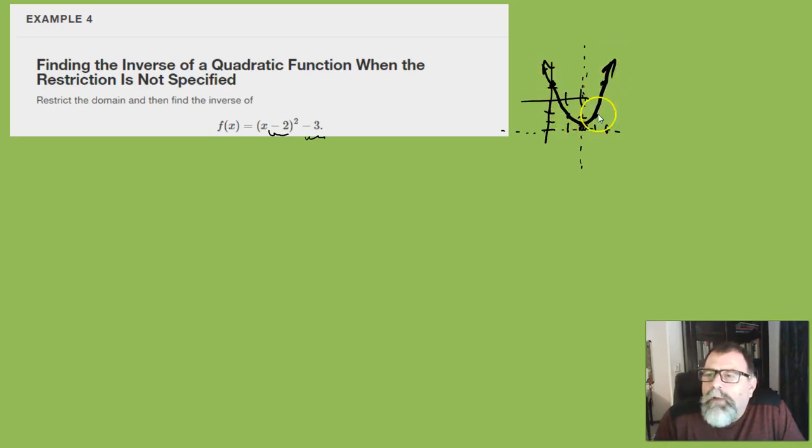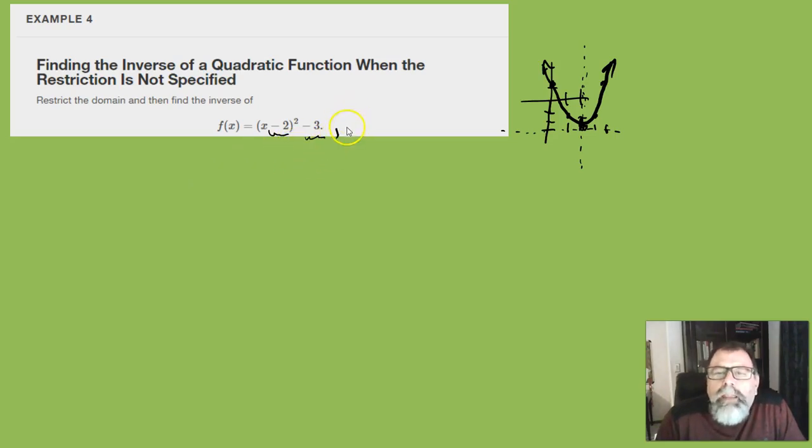So we got that parabola. So what we have to do, they didn't specify how we're going to restrict the domain. So if we want the inverse, depending on the situation, do we want to restrict the domain to be the right half of the parabola, or do we want the left half? So you can do it both ways, or you can do one or the other, depending on the situation.